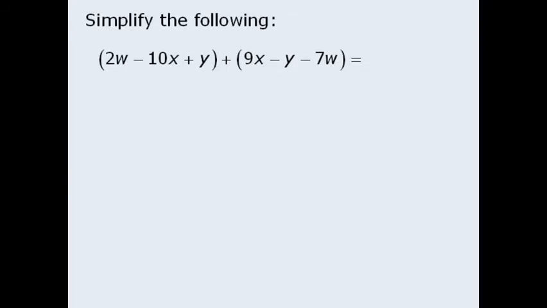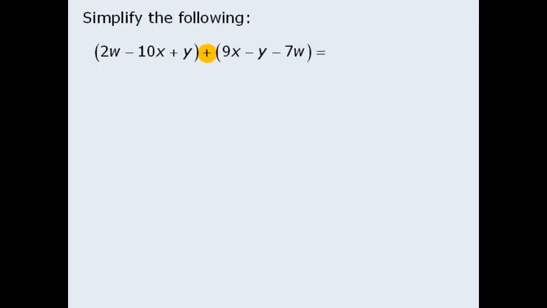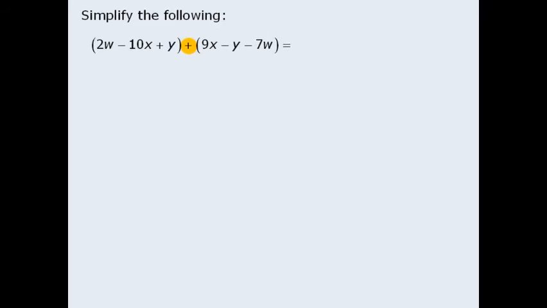Okay, now let's simplify a different kind of expression. Here we are taking one expression in parentheses and adding another expression in parentheses. When adding two expressions in parentheses, we simply remove the parentheses and then further simplify the like terms. To simplify, we can first combine 2w and negative 7w to get negative 5w.